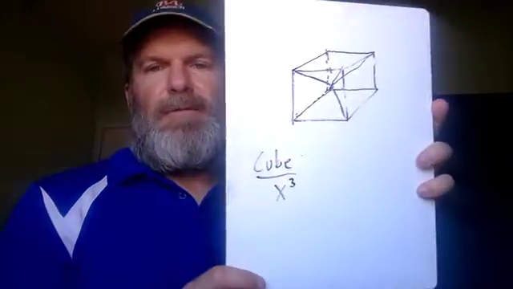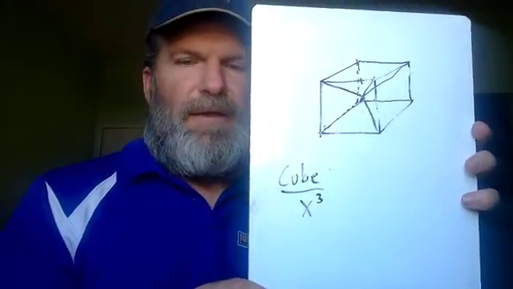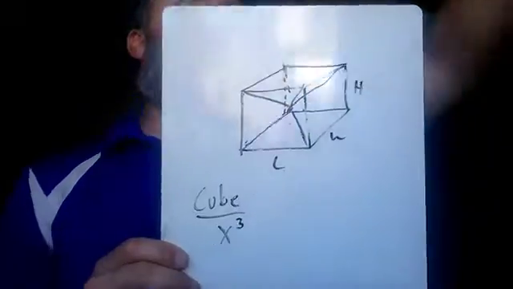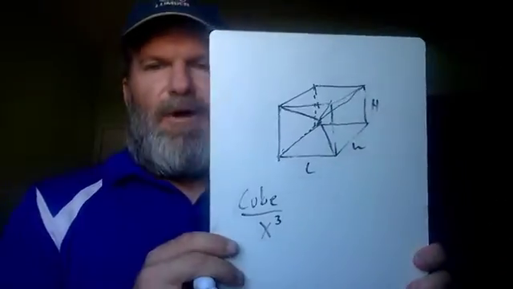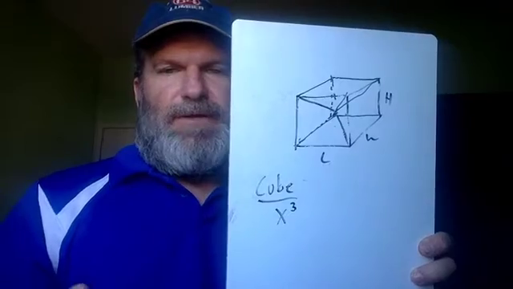So what is the volume of the cube? Well, the volume of the cube is just x to the third power. What does that mean? Well, it's really length times width times height. But the length, the width, and the height are the exact same thing because it's a cube. Everything is the same in a cube. So we can just use one letter.